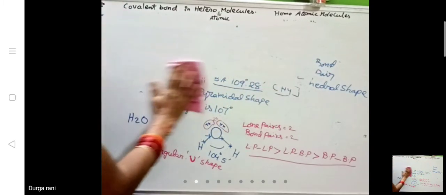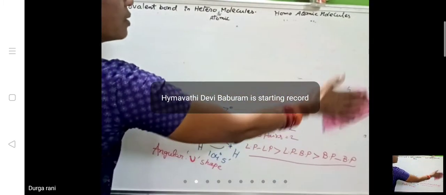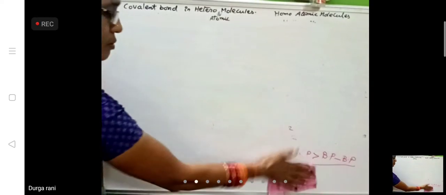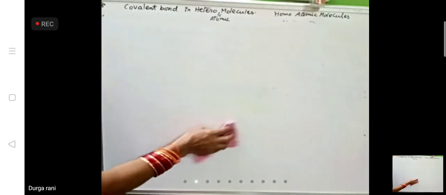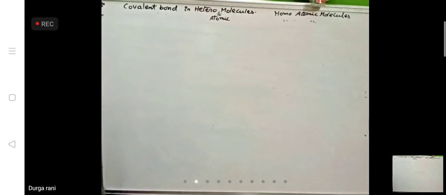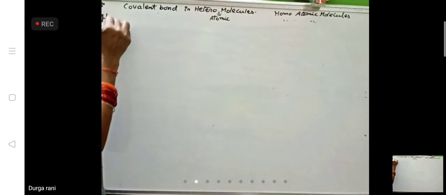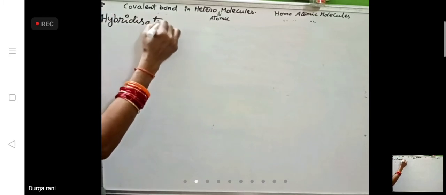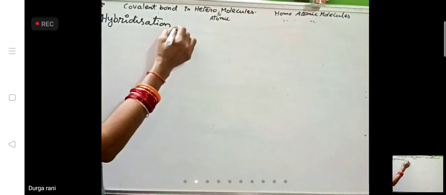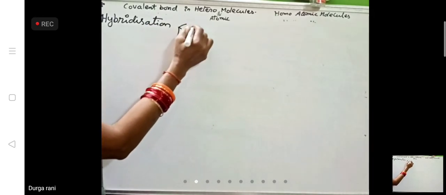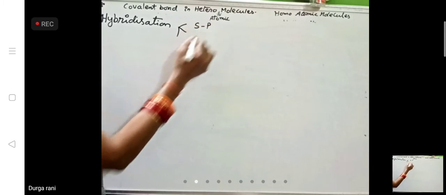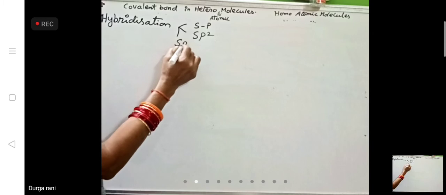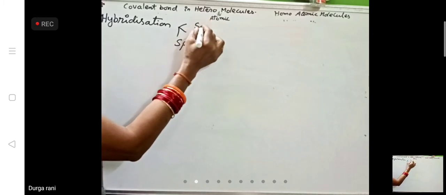Now let us know what is meant by hybridization. How many types will it be? Hybridization is mainly of three types: sp hybridization, sp2 hybridization, sp3 hybridization.